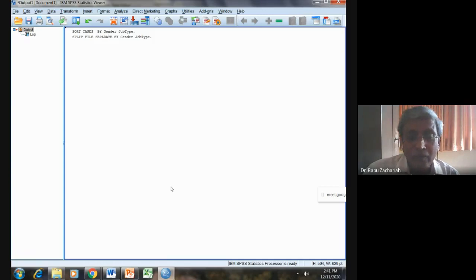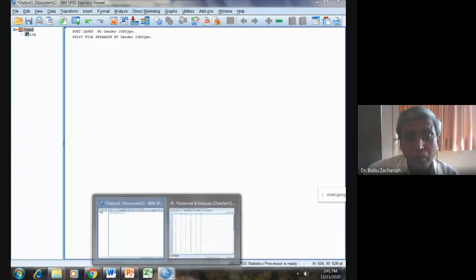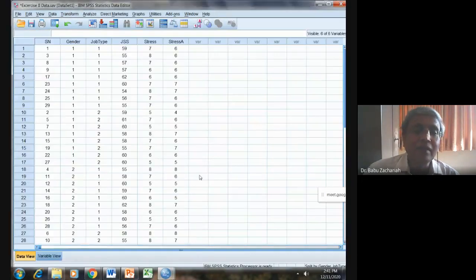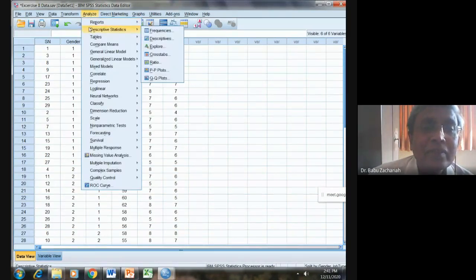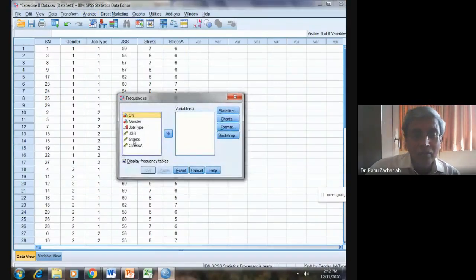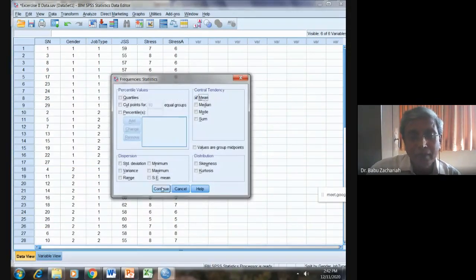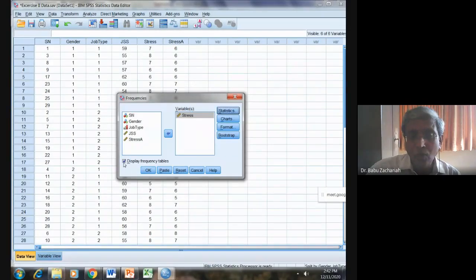Okay. Now if I perform mean stress, what will be that? You can come here, analyze descriptive statistics frequencies, and put stress value here and take mean, continue, and close this box. Click OK.